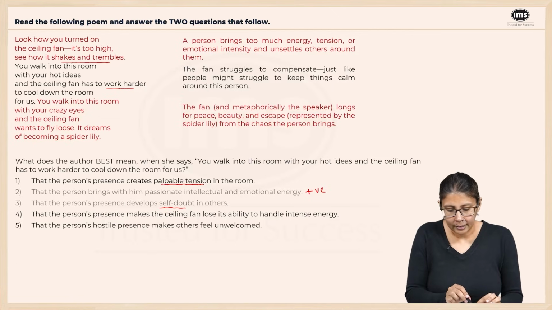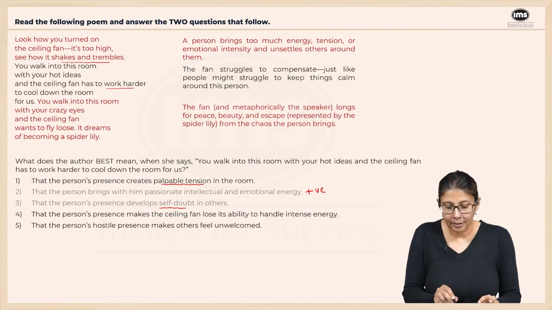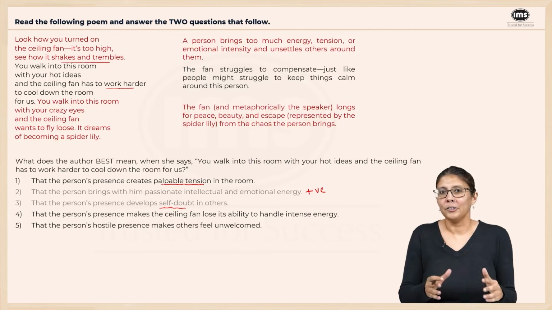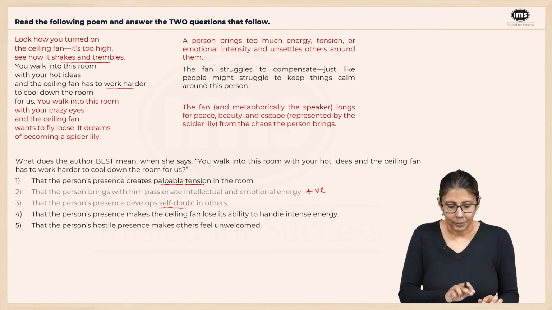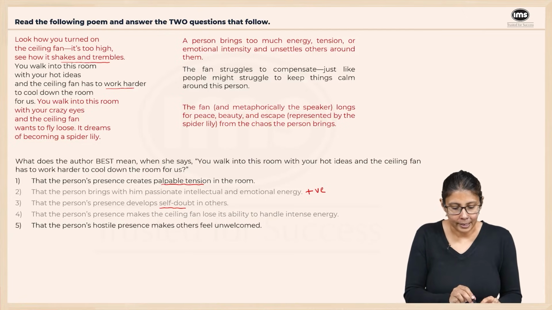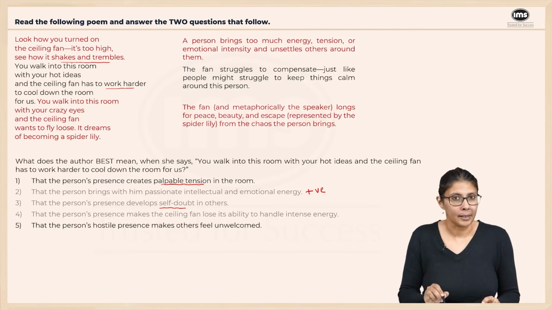The fourth one says that the person's presence makes the ceiling fan lose its ability to handle intense energy. If you choose this option, then you're not familiar with poems. The ceiling fan obviously is not just a fan, it's a metaphor for the poet or other people. Option 4 therefore does not capture the significance of that metaphor, so this is out. The fifth one says that the person's hostile presence makes others feel unwelcomed.